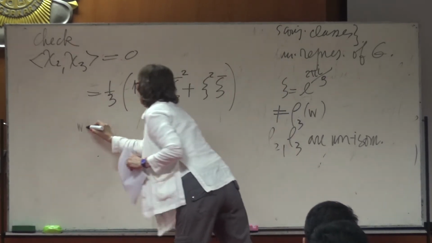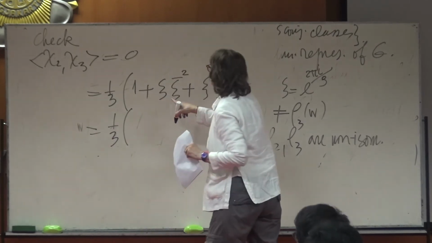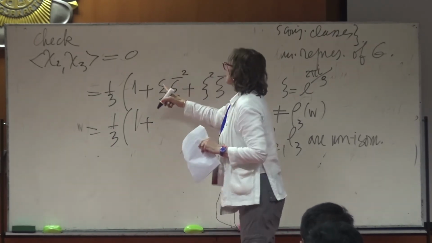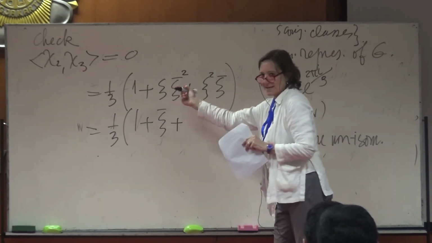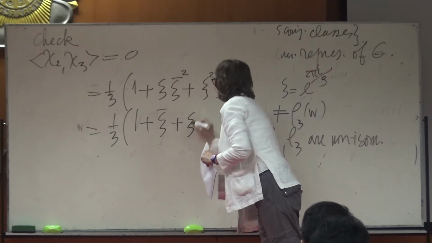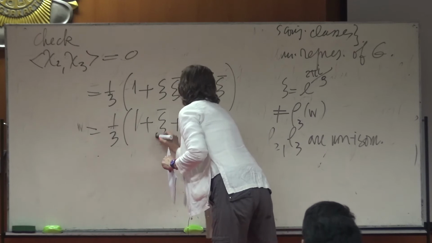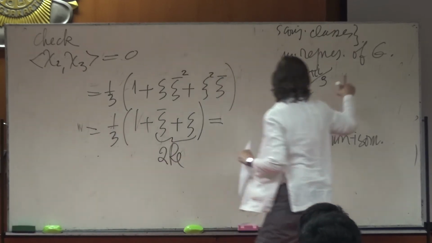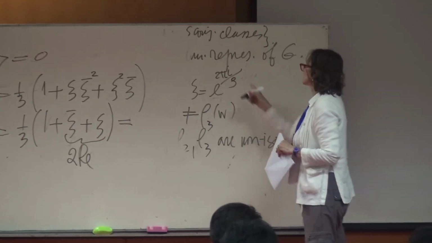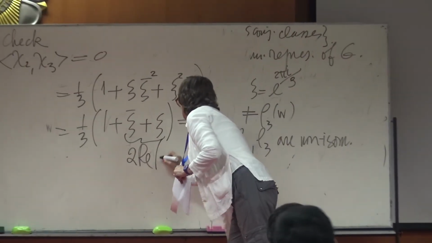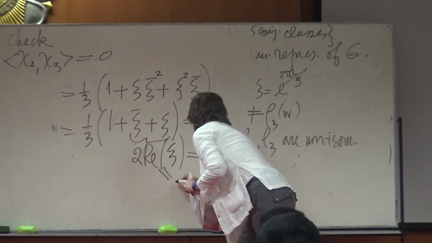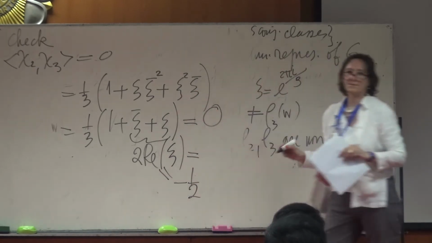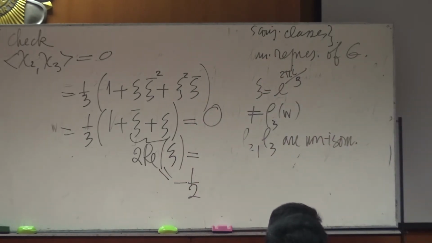And if you compute this, you get 1/3 times 1 plus, psi bar goes away, and then here it remains psi. So this is 2 times the real part of this primitive cube root of unity, which is -1/2. So this is -1/2, so here you get 0. Okay? So that you get 0.